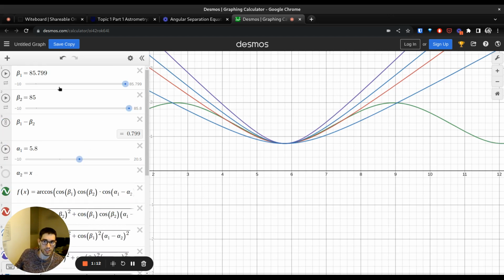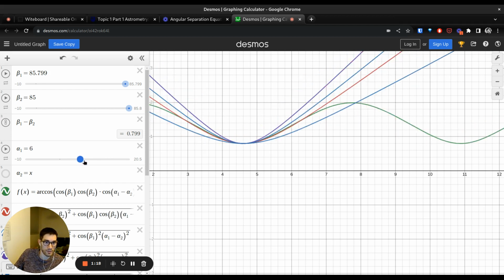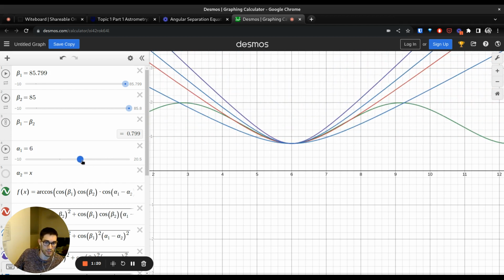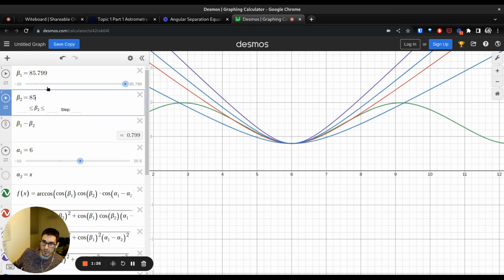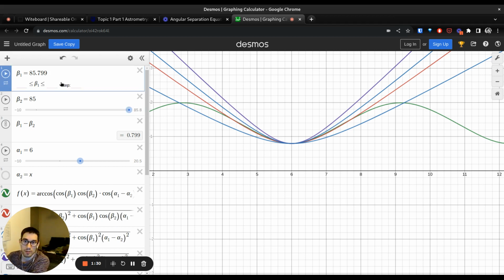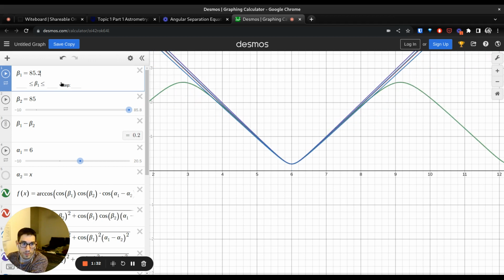And I'm gonna leave this Desmos in the description so you can play around with it if you want, like modifying alpha, just shifts the graph to the left or to the right. You can see how modifying, for example, this just makes the whole thing more or less accurate. Like for example, with 0.2 difference is quite accurate.